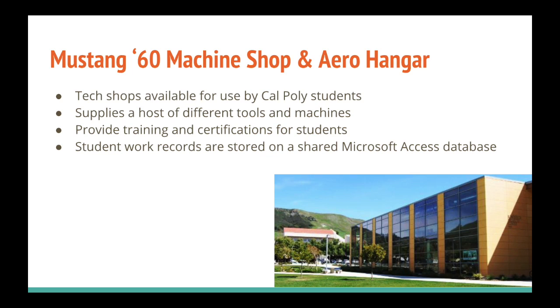While these shops operate in separate campus locations, they share similar operating procedures, as well as the same operational database management system on the same server. This database management system, designed using Microsoft Access, is used to perform a host of recording tasks, most notably to record students checking in and checking out of shop locations.